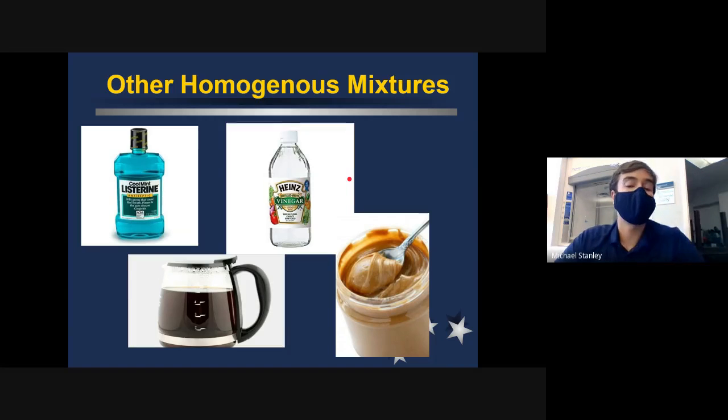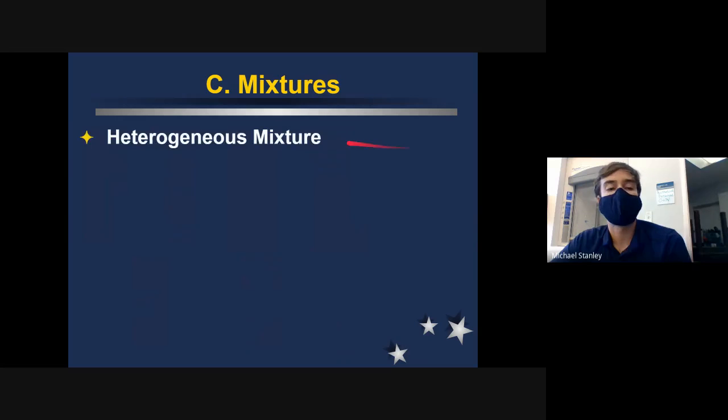So I've given you some examples already of things that are not homogeneous mixtures, where we have different amounts of particles in different areas. And of course, in science, there is a term for that. The opposite of a homogeneous mixture is called a heterogeneous mixture. Hetero in science and in Latin means different or opposite or not the same.